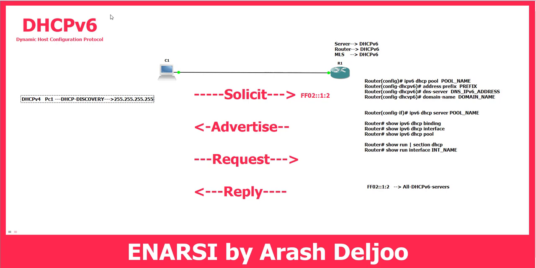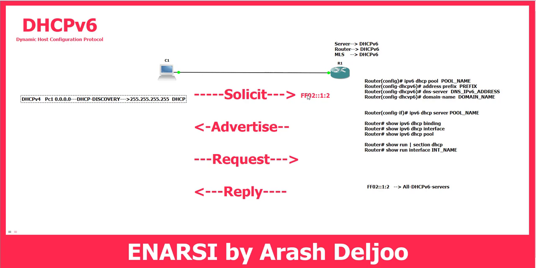Because first PC1 doesn't have an IPv4 address, and also PC1 doesn't know the IP address of the DHCP server. It can only send a broadcast. The source IP is the unspecified IPv4 address, quad 0, and the destination IP is the broadcast, in hope of finding the DHCP server. But in IPv6 we are using a more efficient method.